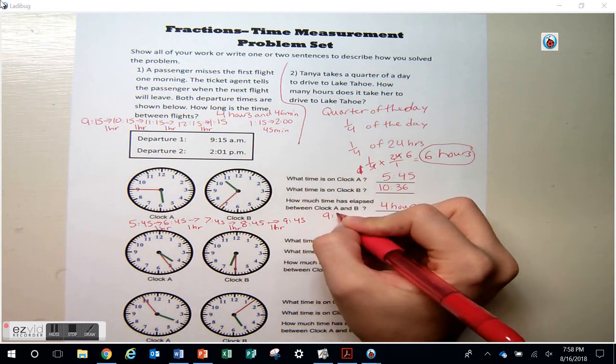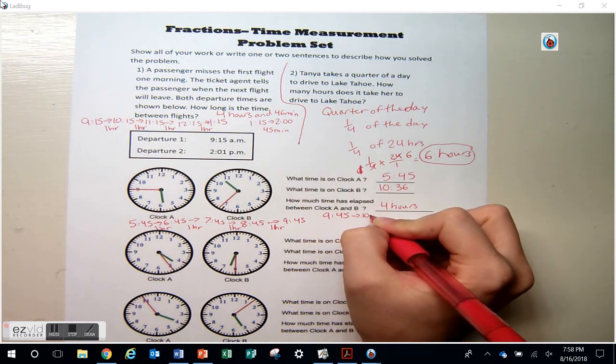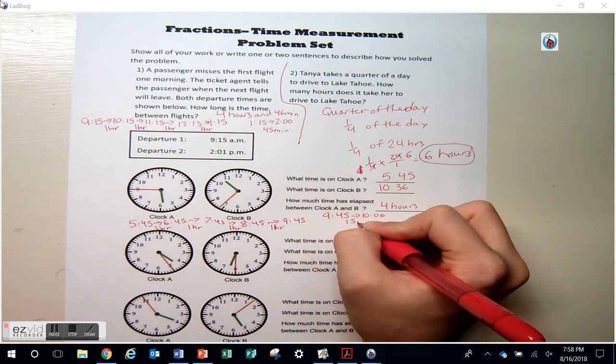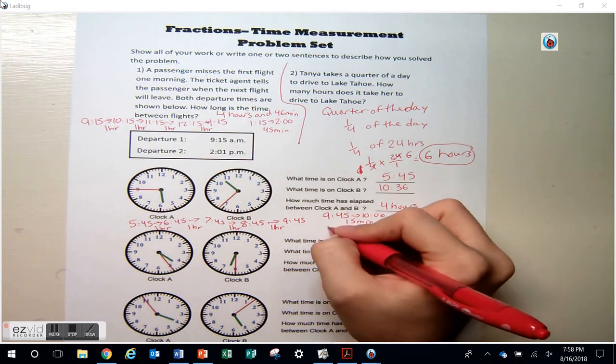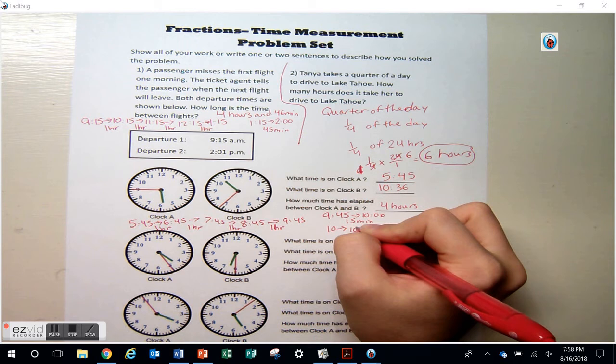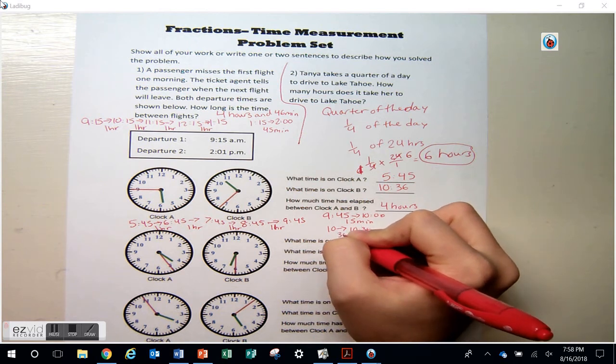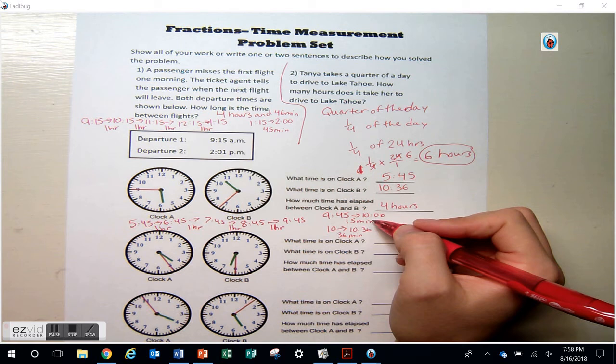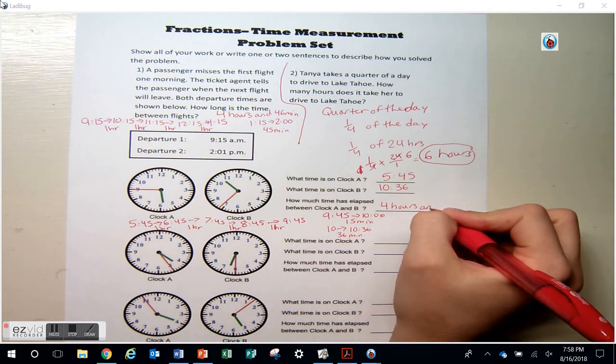I'm going to use this method, 9:45 to 10 gives me 15 minutes. 10 to 10:36 gives me 36 minutes. So together, I have 51 minutes.